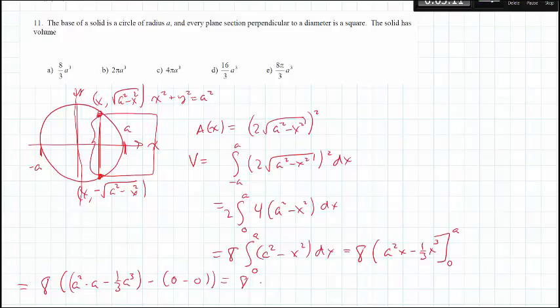So we get 8 times a cubed minus 1/3 a cubed, which ends up being 8 times 2/3 a cubed, which ends up being 16/3 a cubed. 16/3 a cubed, which is answer D.